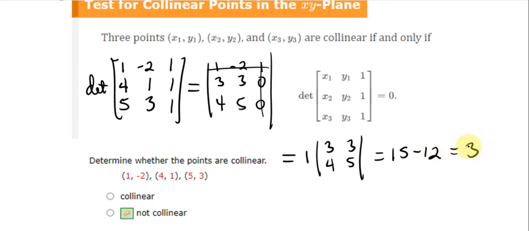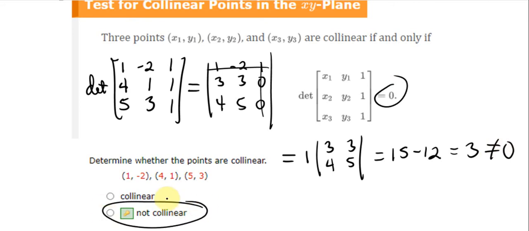We get 3. Well, you want to get 0 for the points to be collinear. So it's not equal to 0. So here the points are not in the same plane. Okay. Or, you know, here on the same line, if you will. Well, it's nothing to it.